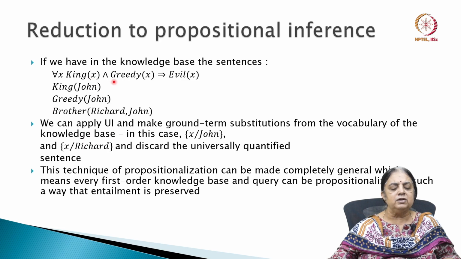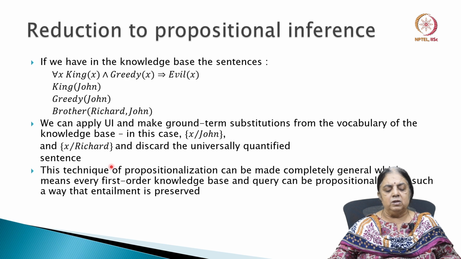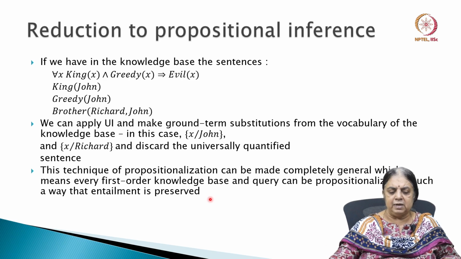So you will get King John and Greedy John implies Evil John, or you can replace X by Richard, etc. This is very general. We'll see how this actually works in an actual example later.